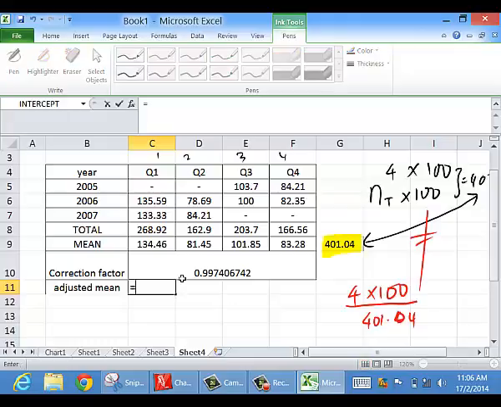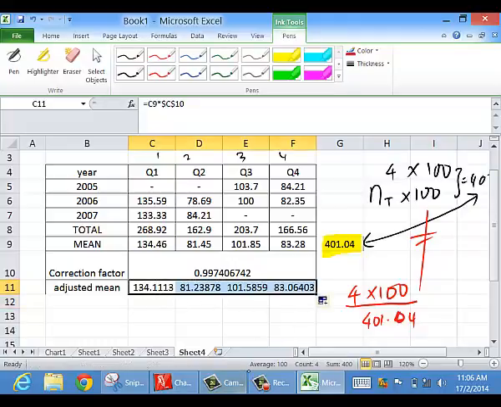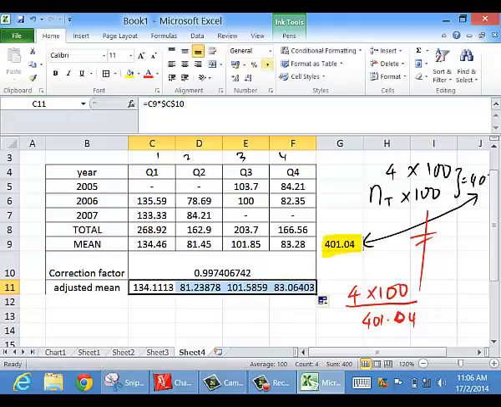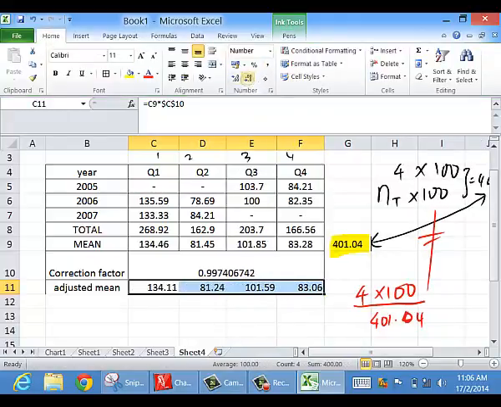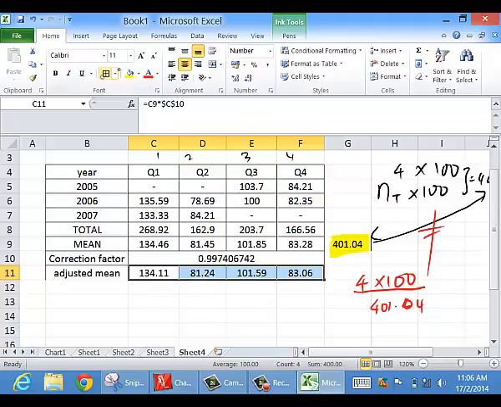Adjusted mean for each time period, this mean for quarter number 1, 134.46 multiply with correction factor. So you akan dapat 134.11. So limit to 2 decimal point. Right.